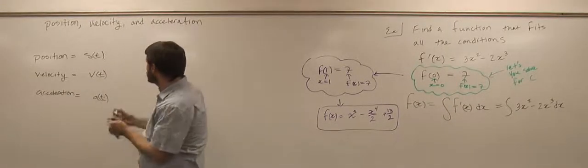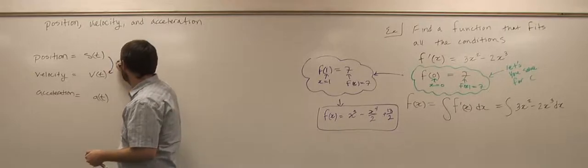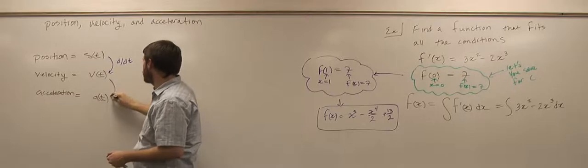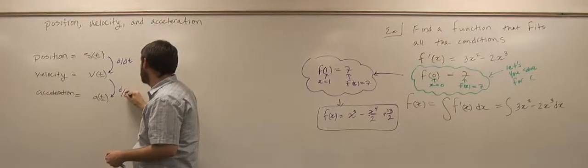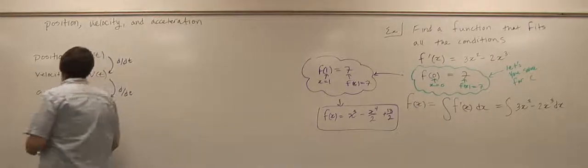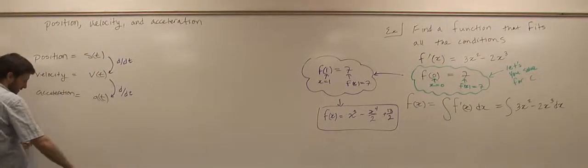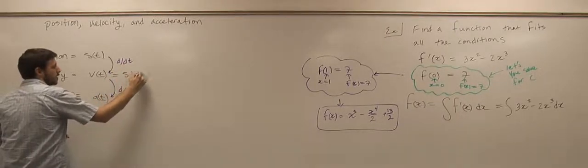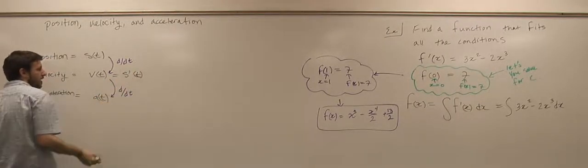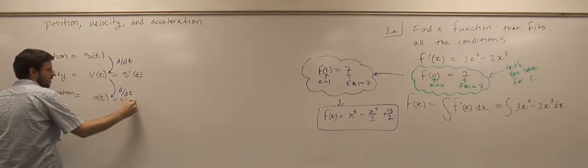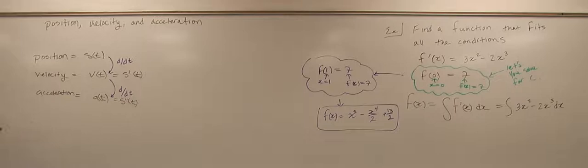So if you did the derivative of position, d dt, you got velocity. If you do the derivative of velocity, you get acceleration. Or another way of saying that is that velocity is equal to s prime of t, and acceleration is equal to s double prime of t. You do two derivatives to get to acceleration.